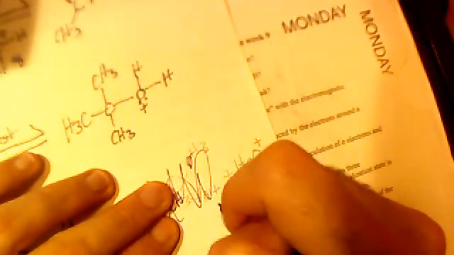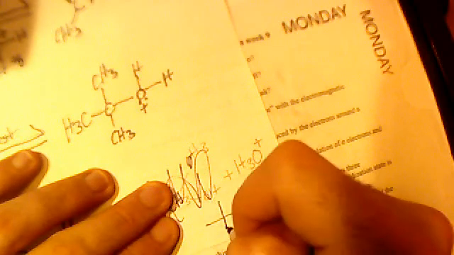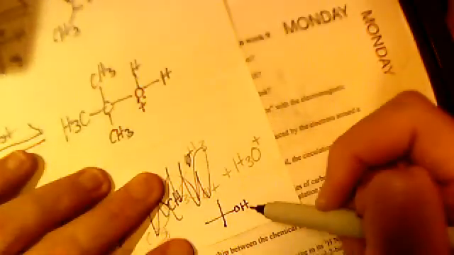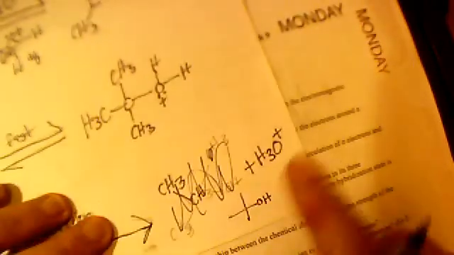That proton gives its electrons to the oxygen, and we get our final molecule, which has the CH3 groups, the C, and the OH. It's tert-butyl alcohol, plus H3O+, the acid. When the water took this hydrogen and added it to itself, it became H3O, which is an acid, and it's positive.